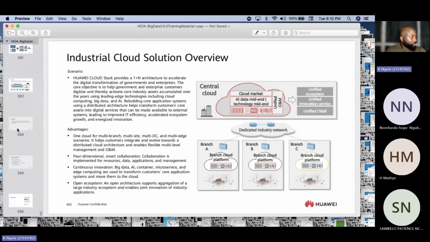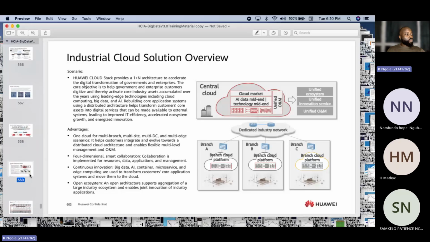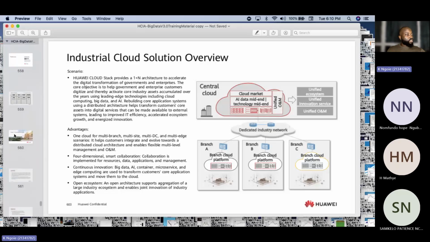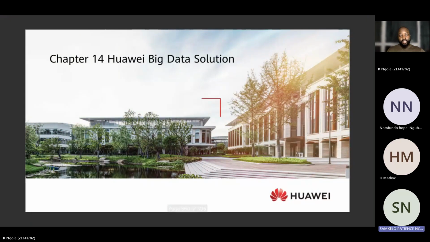Did anyone try to log in to your platform and see if you are able to download the slide? Did anyone try? Yes, I did. Did you manage to download? No, I wasn't able to download it.